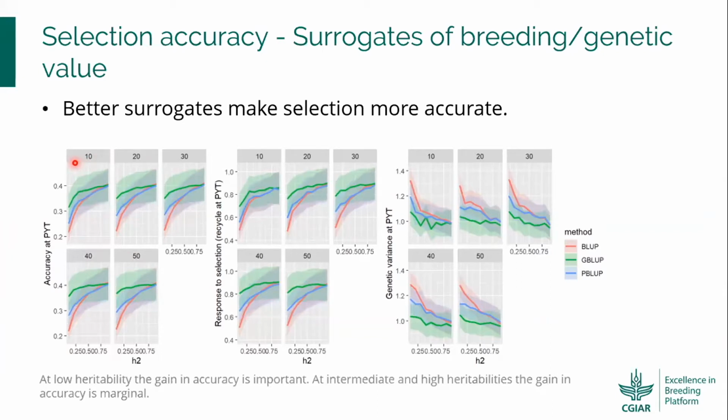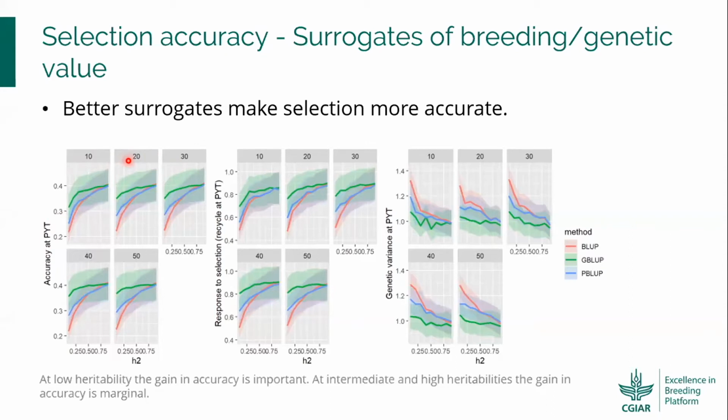That means that we have 100 crosses, and each cross has 10 individuals. Or you might be evaluating 50 crosses, and each cross has 20 individuals, basically to account for the 1,000 individuals that we are growing.